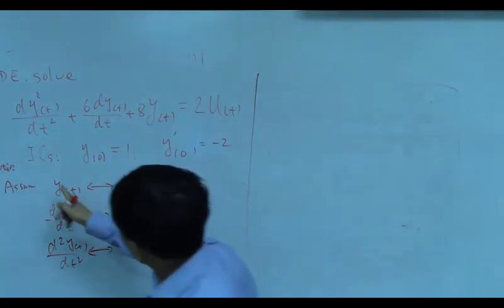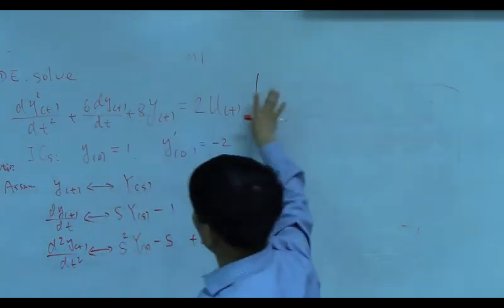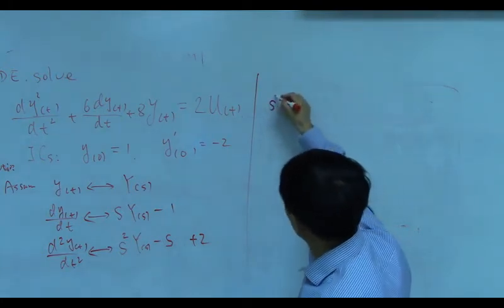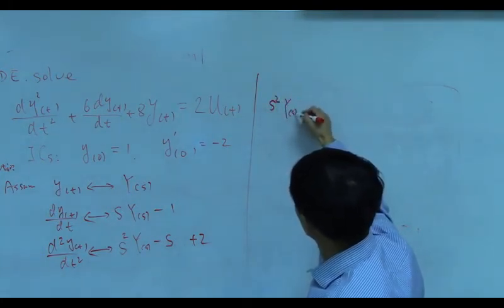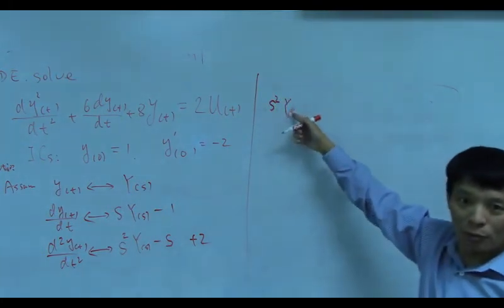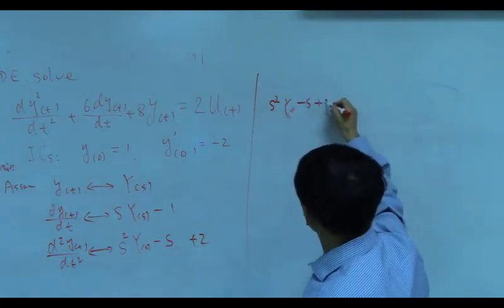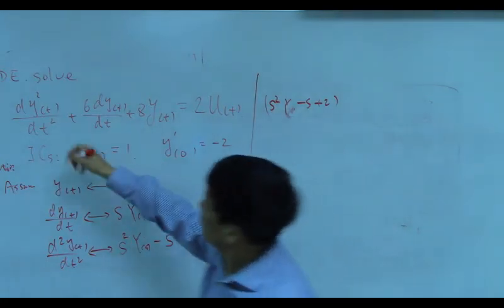Okay, now almost done. Take the Laplace transform on both sides. This one, Laplace transform equals this. So what you have is s² Y(s), I don't write the function of s anymore, you know Y is a function of s, minus s plus 2. So that is for this one.